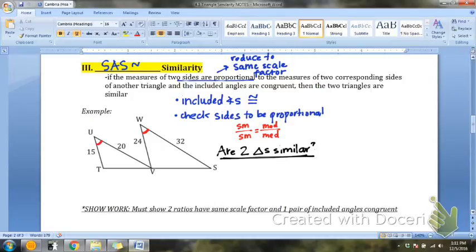So let's look at the smaller triangle first, the one on the left, this one over here. What's the small side over there? 15. What's the small side on the other triangle? 24 or 32? 24 is smaller, right?